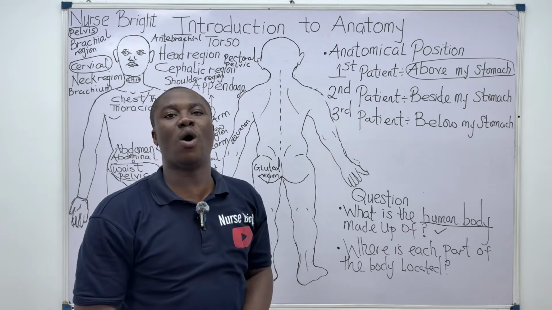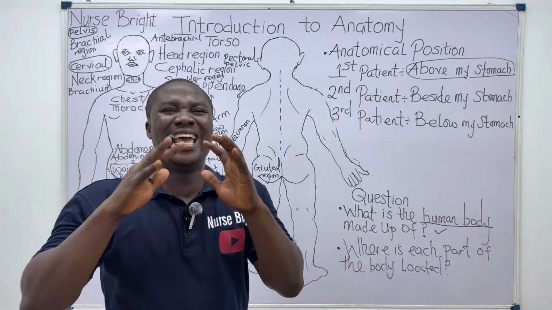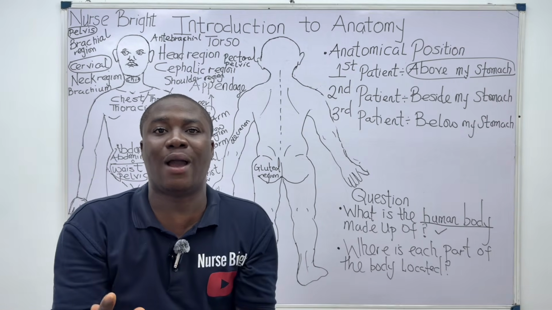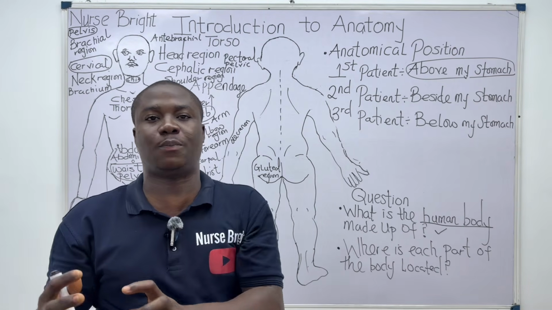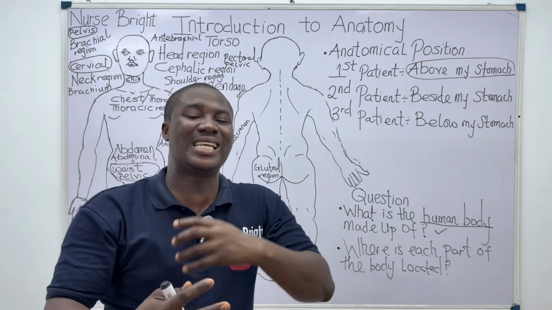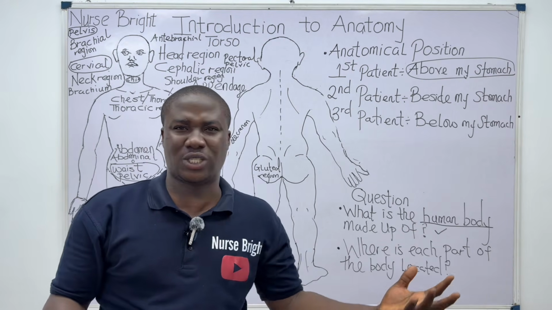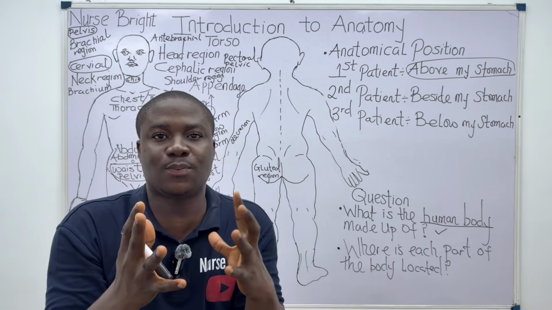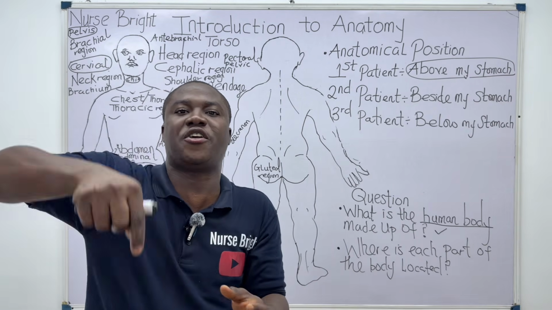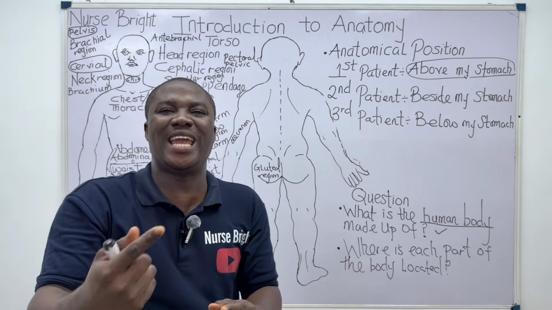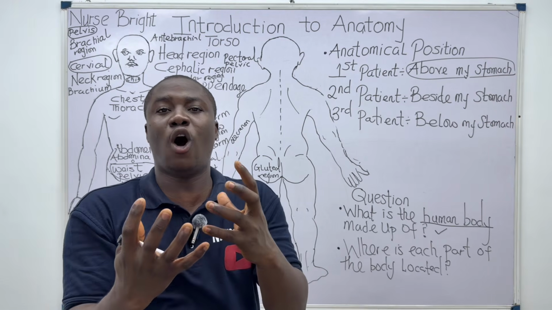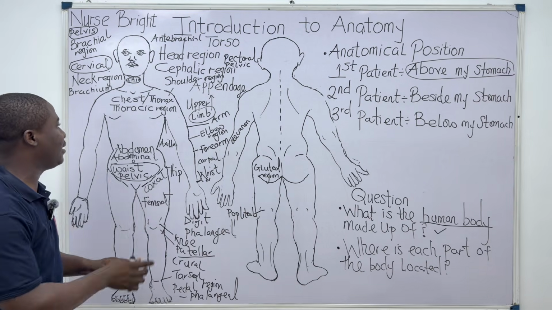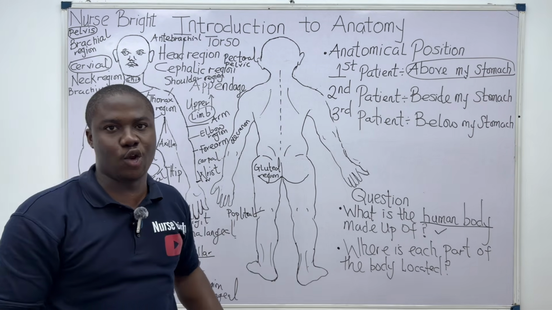This is what we call the anatomical position. They use this position as their standard reference position for describing the location and also the relationship of structures within the body. We have various structures in the human body.